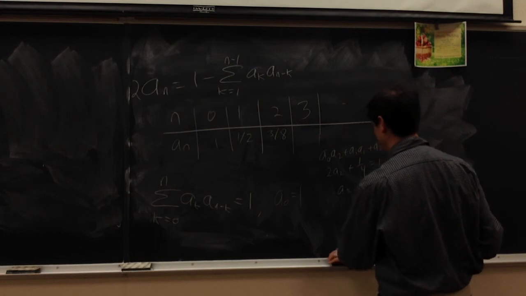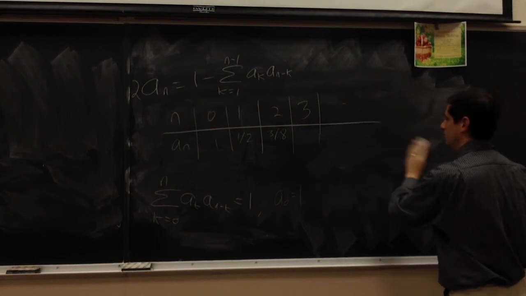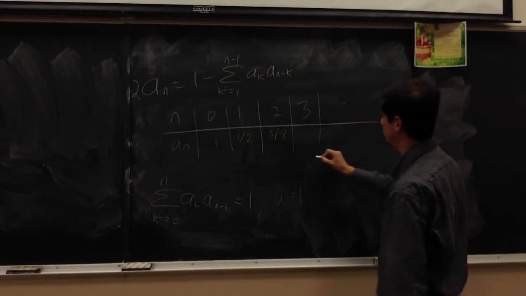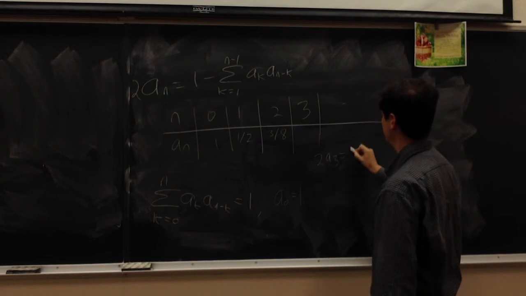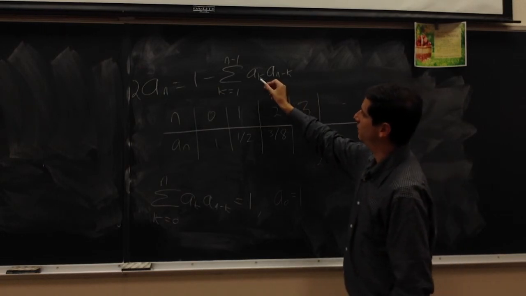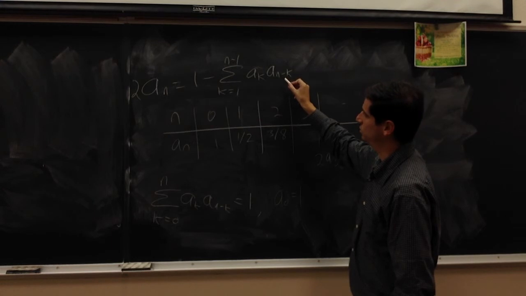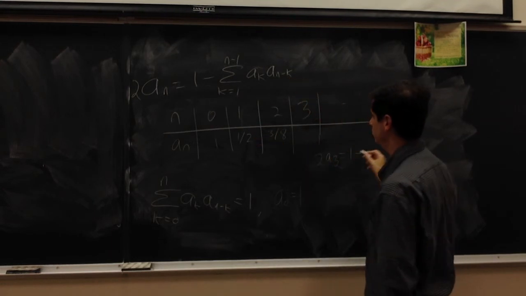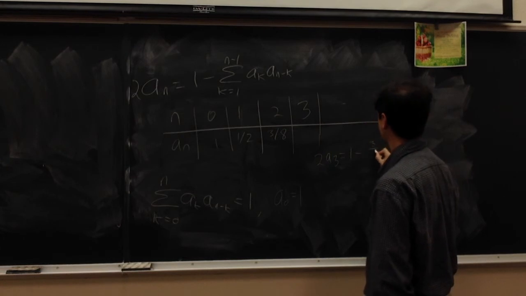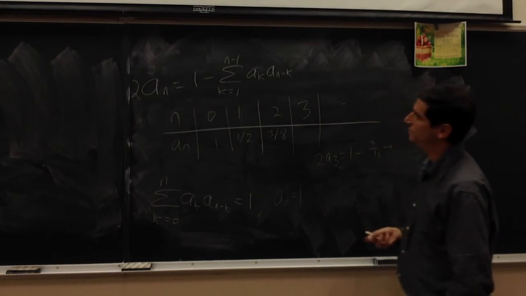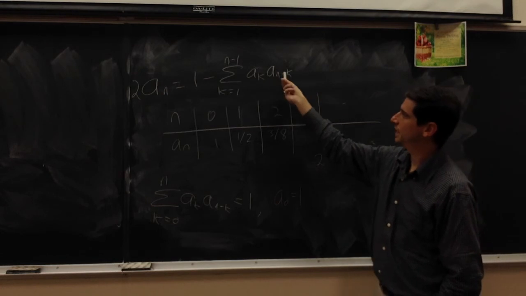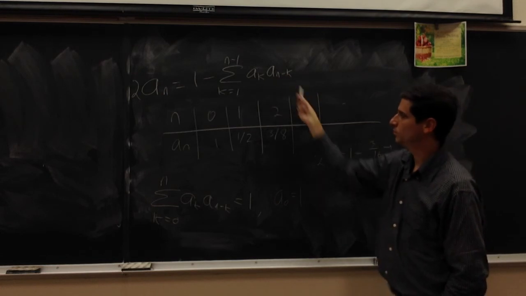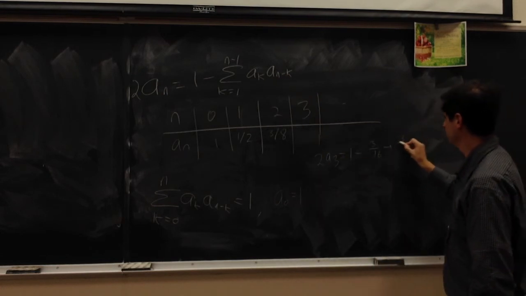3 is a little bit more painful. But using this formula, we'll get 2 times a3 is 1 minus, now we'll have a1 times a2, right? And a1 times a2 is 3/16. Then we'll have a2 times a1, which is also 3/16.